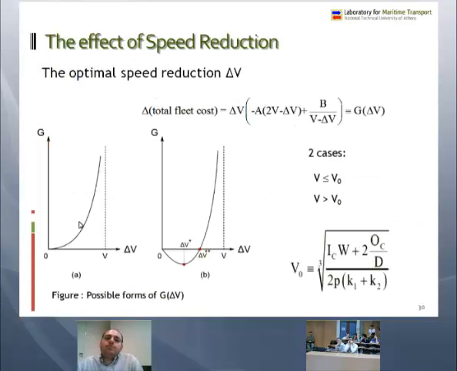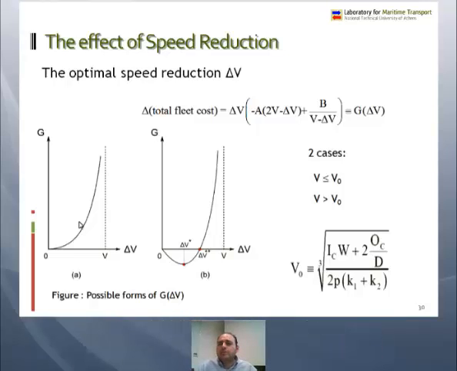In addition, you can investigate the optimal speed reduction because for sure you can go down by 1 knot, by 2 knots, but there is an optimal speed reduction, delta V, for the total fleet.